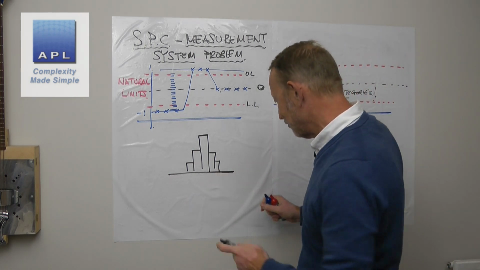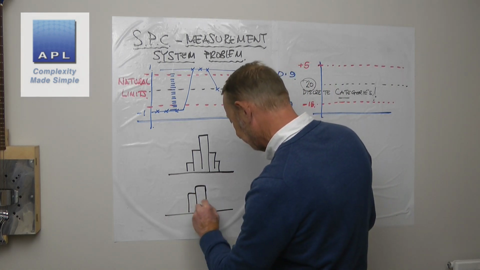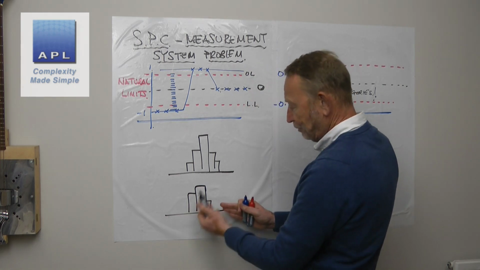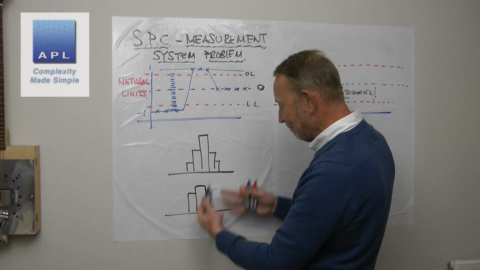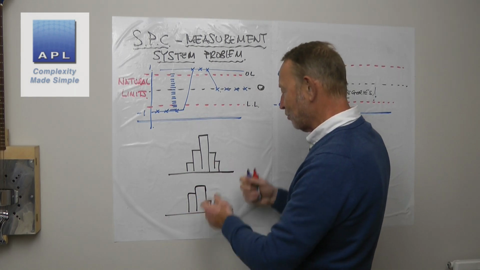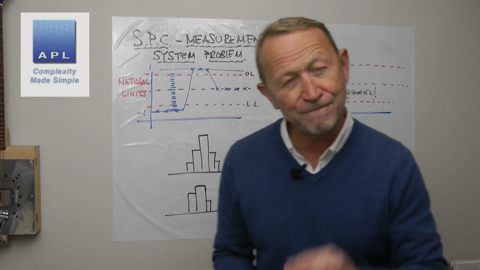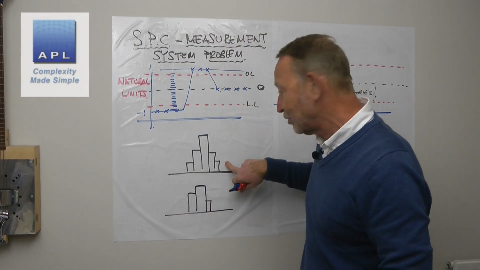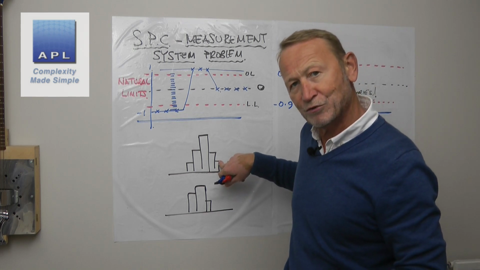If you have less than that, so if I've only got 3 columns, I start to lose the normal shape. I'm not seeing what's going on. So when they talk about distinct categories, the reason they say 5 is because that's the minimum to be able to see the distribution.